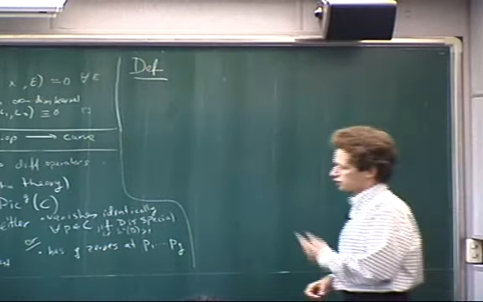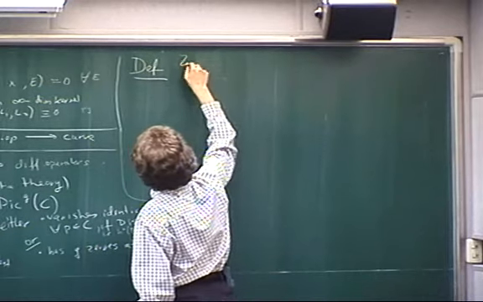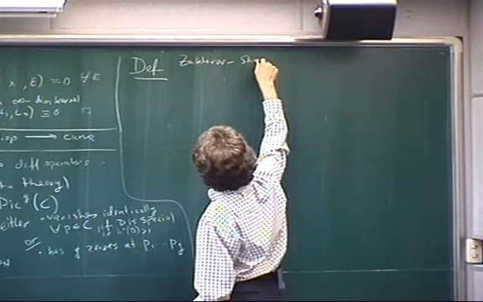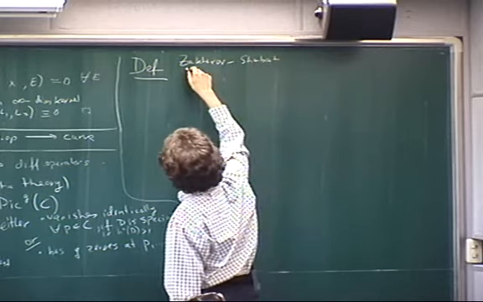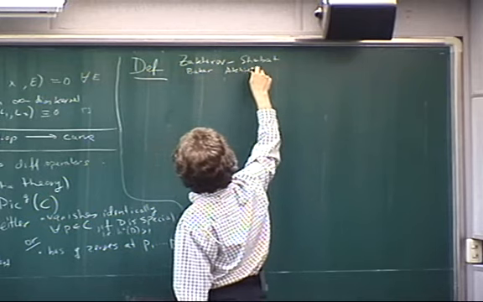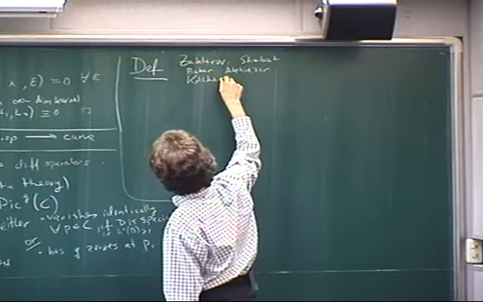Okay. So the following definition. The names of Zakharov and Shabat should be mentioned here. The names of Baker and Akhiezer should be mentioned. And the name of Krichever should be mentioned.